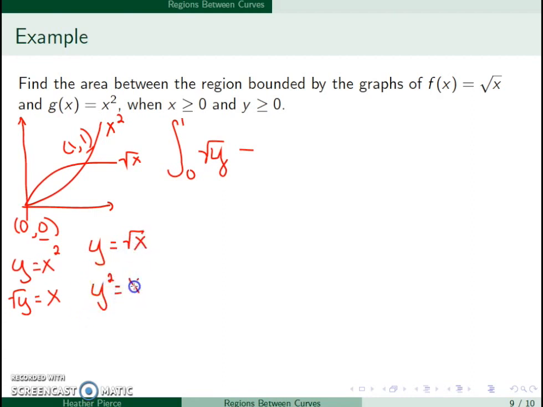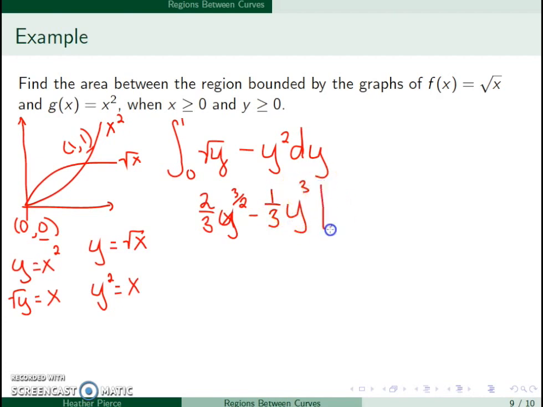Y squared is equal to x, so minus y squared dy. So this gives 2/3 y to the 3 over 2 minus 1/3 y cubed, going between 0 and 1. And if we evaluate this, we will get 1/3 once again.